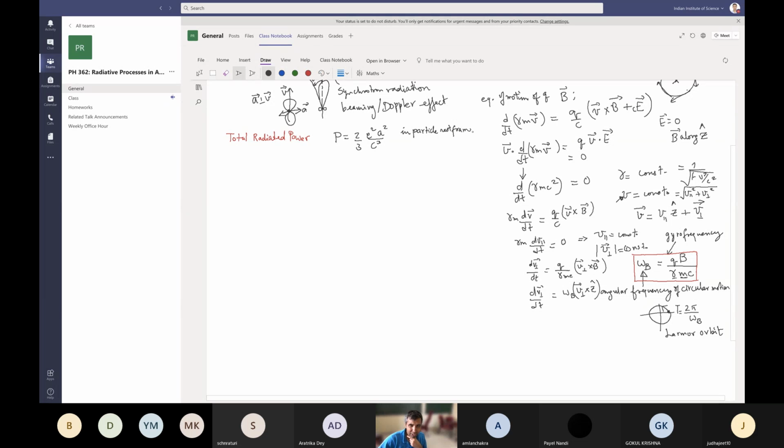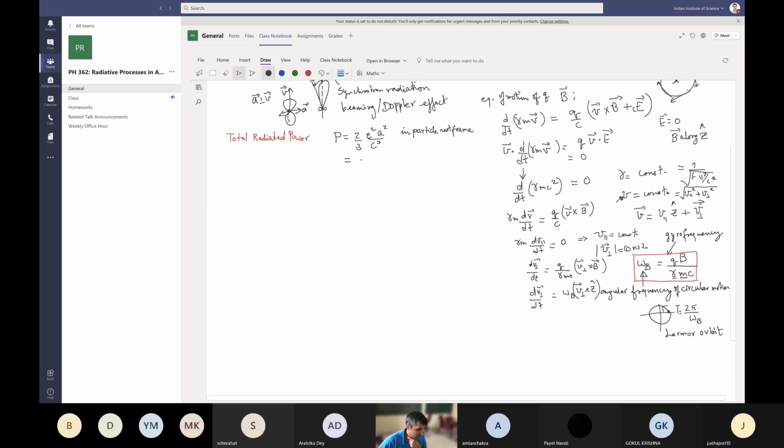But here in synchrotron emission, we are considering the particle to move relativistically fast. But we had also derived that Larmor power is a relativistic invariant. So what we had done is we had written this acceleration measured in the instantaneous rest frame of the particle in terms of the acceleration measured in the lab frame, if you recall.